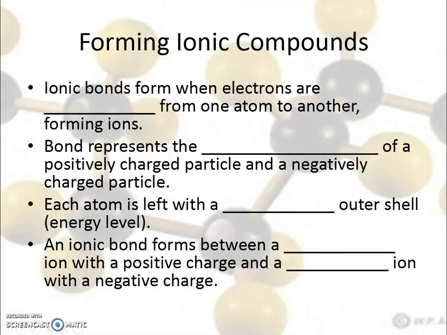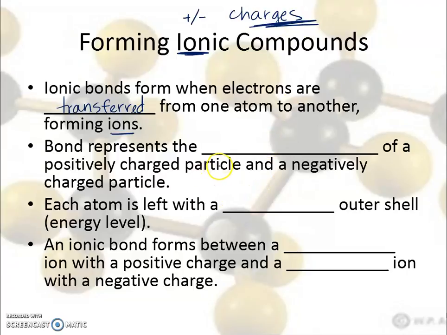Forming ionic compounds. An ionic compound is a bond that forms when electrons are transferred from one atom to another, and that's how they form those ions. Look, it says ionic, ions, meaning you have to have charges. Charges are key.